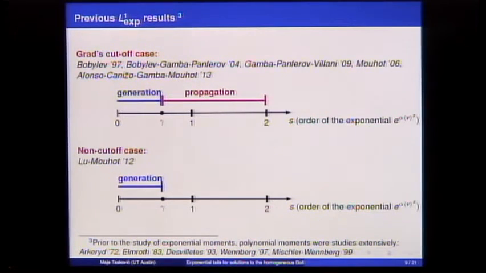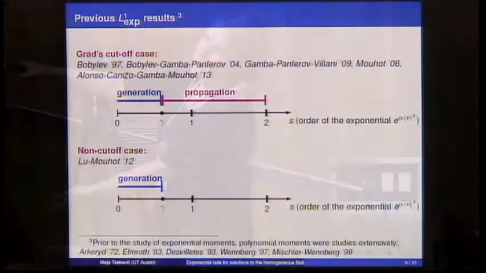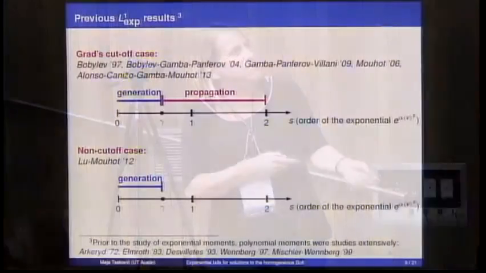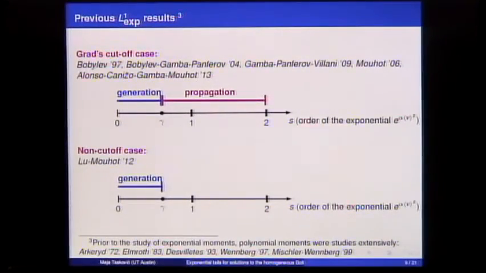Altogether, what they proved is that when you look at exponential moments of order S, and S is between 0 and gamma, which means the exponential is pretty thick at infinity compared to the Gaussian, then you can generate such a tail. But if S is between this parameter gamma and 2, so it's a thinner tail, then you need more assumptions on the initial data, and the result becomes propagation.